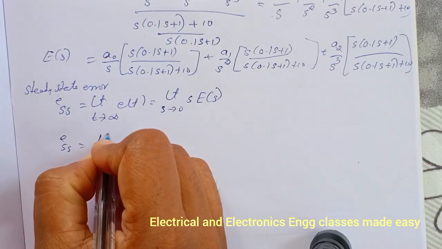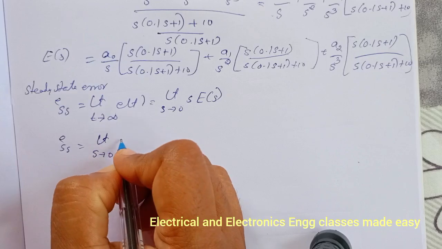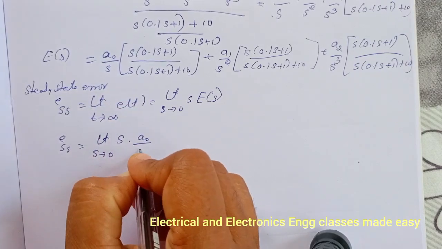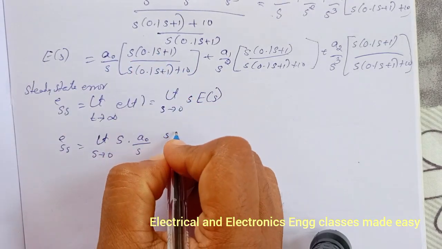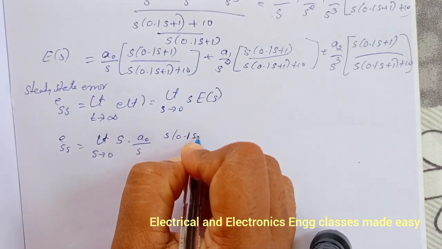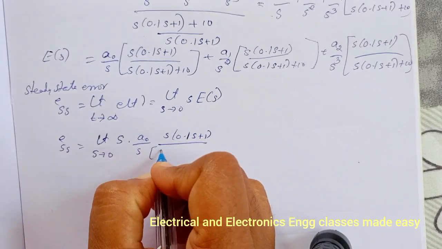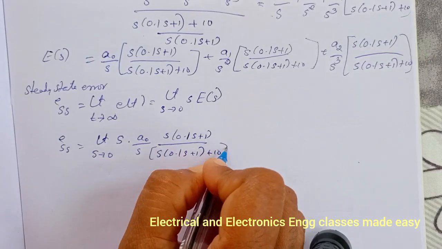So limit S tends to 0, here we get S into A0 divided by S, then S into 0.1 S plus 1 divided by S into 0.1 S plus 1 plus 10.